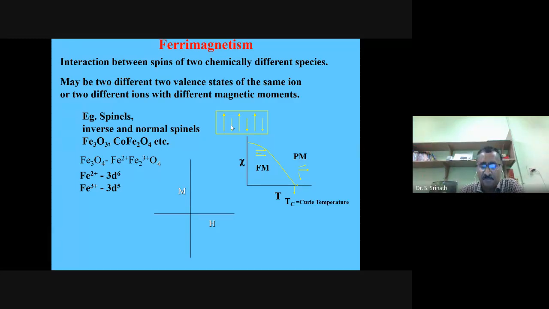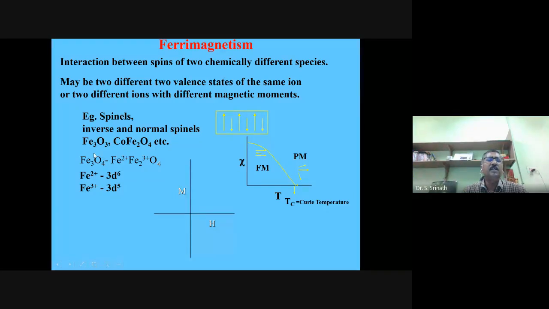So there can be many reasons. But it is possible to have an anti-parallel configuration with unequal magnitudes of the spins. What is the advantage? Immediately you will see that there is a net magnetization along one direction. So your spontaneous magnetization is back again. But it is not a ferromagnet. So there is a difference between a ferromagnet and a ferrimagnet. A ferrimagnet will have a net spontaneous magnetization, but with an anti-parallel configuration.